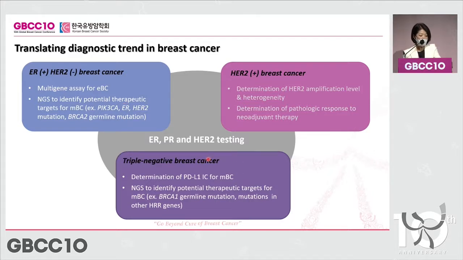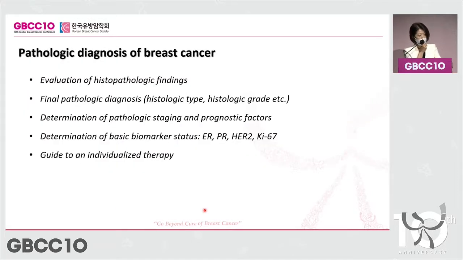For triple negative breast cancer, similarly, most recently we see more immunotherapy approaches being taken. Next generation sequencing can be conducted to identify whether some patients will be able to go into these types of new treatment strategies.